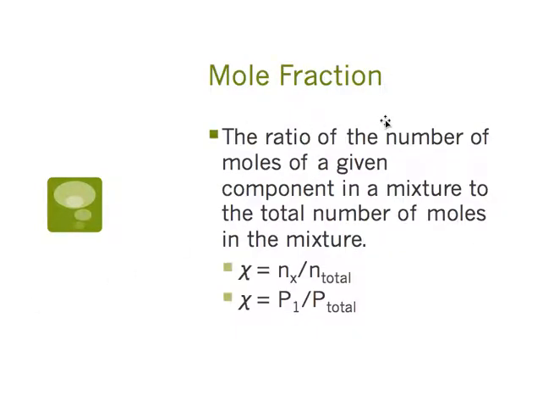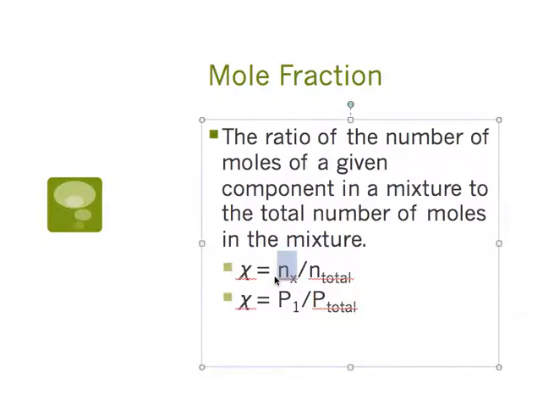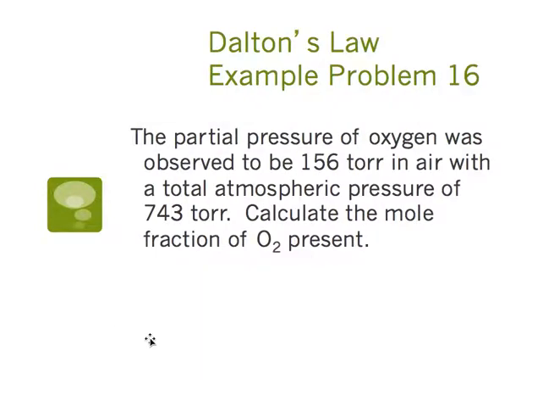So mole fraction, and I know you've seen this before because we just talked about this in Unit 4, but mole fraction comes into play because we're really talking about what percentage of moles belong to a specific gas out of a total mixture. So if 50% of the moles belong to oxygen, let's say, then 50% of the pressure belongs to oxygen. So we've got a direct relationship there.